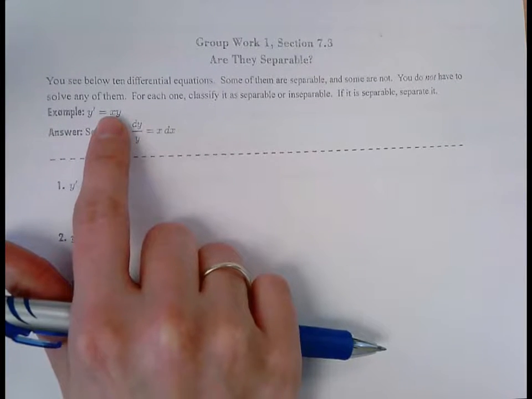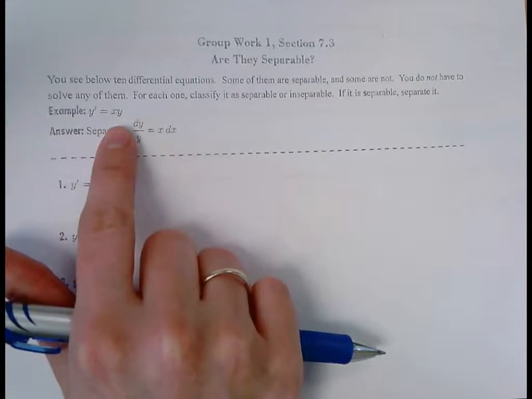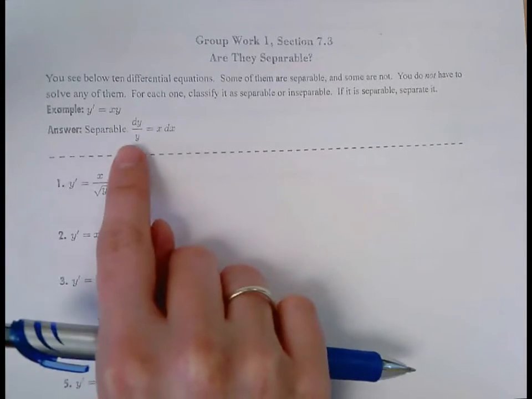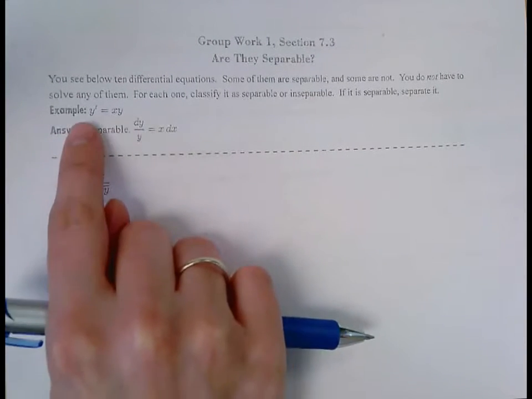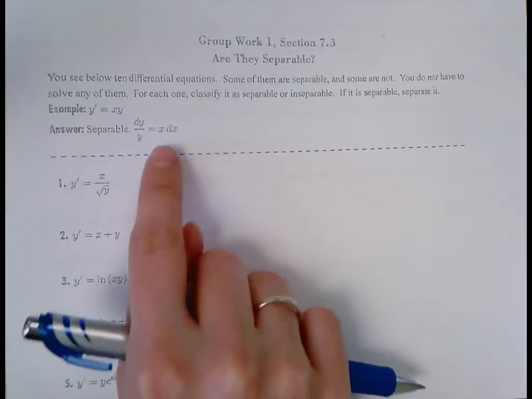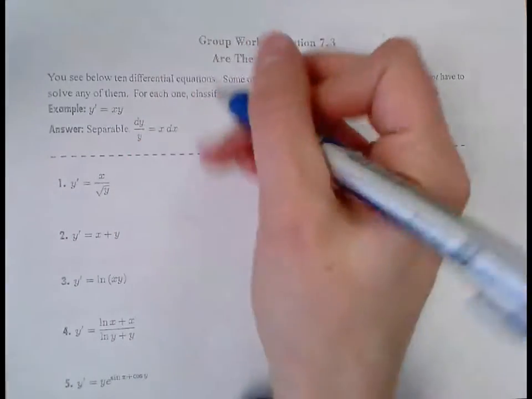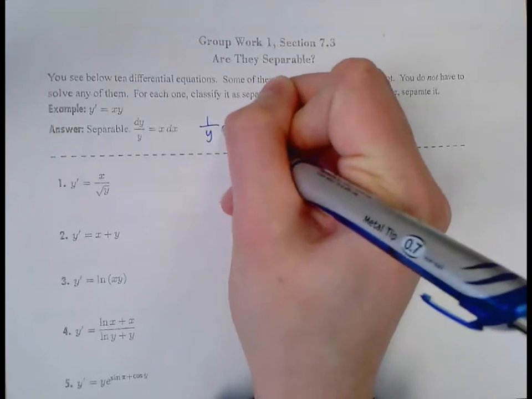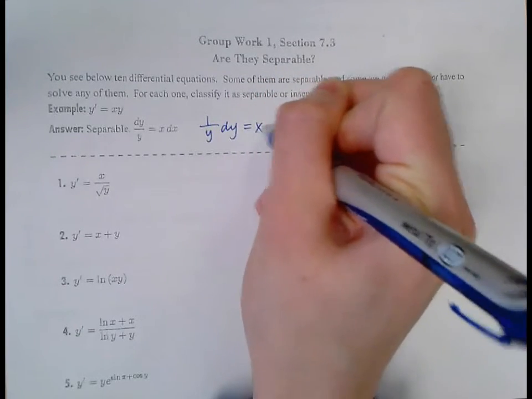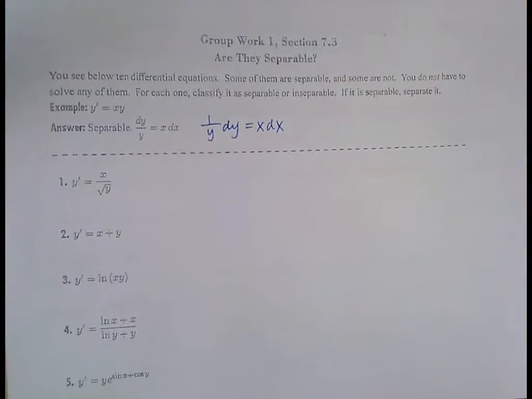The function in terms of x would just be x, the function in terms of y would just be y. And then to separate it, they divided both sides by y, multiplied both sides by dx. So they got dy over y, which you could also write as 1 over y dy, and then x dx on the other side. Okay, so all you're doing is that first step in the 3-step process, separating it or saying that it's inseparable.